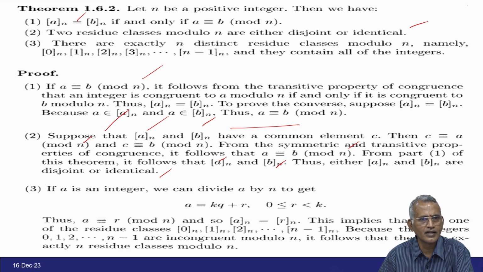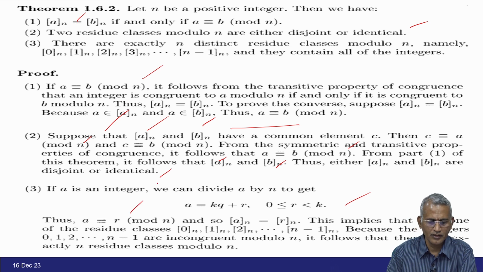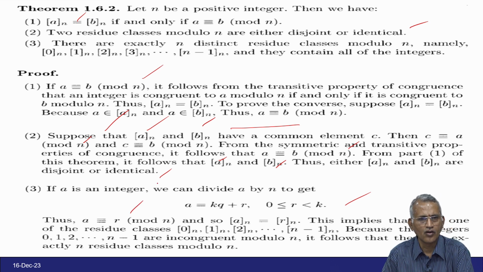So, if a is an integer, we can divide a by n so that a can be expressed as the linear expression kn plus r, by the division algorithm. Therefore, 0 is less than or equal to r less than n. Thus, a is identically equal to r under modulo n, so that the class of a and the class of r are equal.